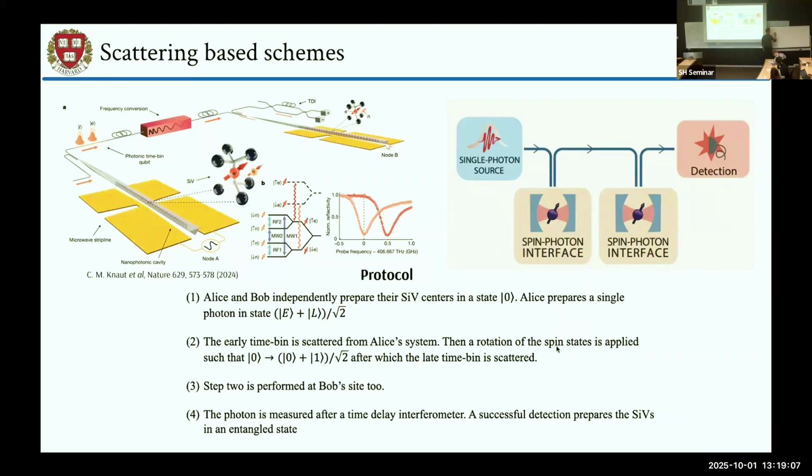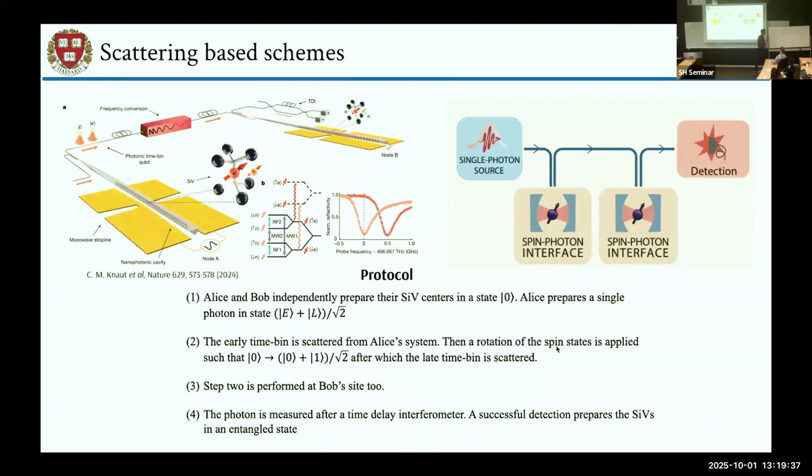That just gives me minus early, like this, a pi phase shift. I'm going to do the rotation of the spin, so that now means that I have 1 over square root of 2, early, late, the plus state, right, 0 plus 1.